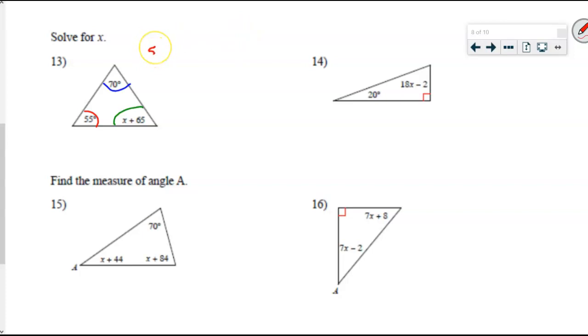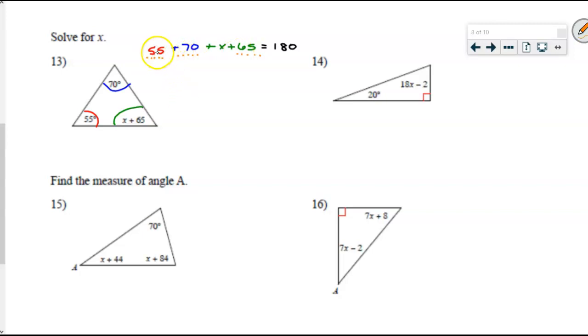When I take 55 and add 70 and add the green angle, x plus 65, I get 180 degrees. And just like before, I have like terms to combine. I have 55 and 70, and I have 65 that I'm going to combine.